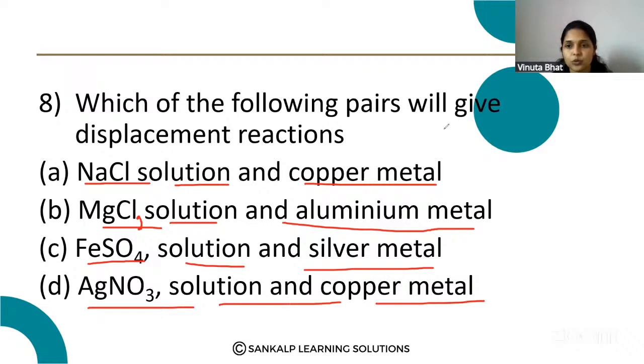Yes, here sodium chloride reacts with copper metal. Copper is not able to displace the sodium. This reaction will not take place due to reactivity. Sodium has more reactivity than copper. So the first reaction is not possible.